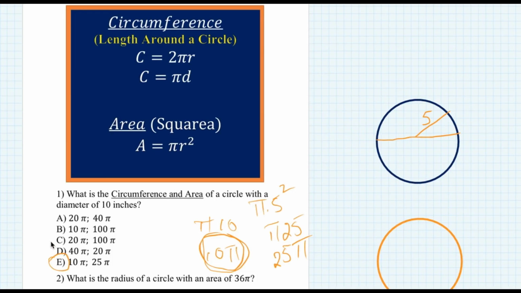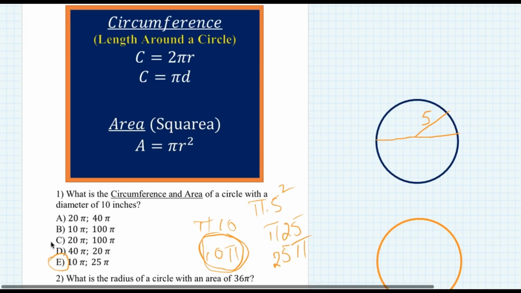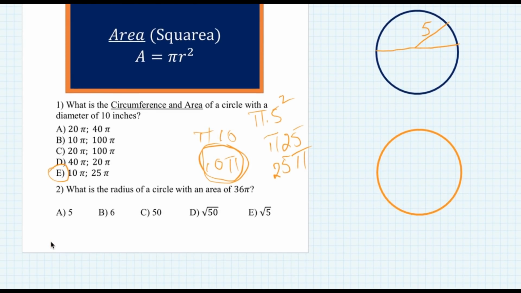Let's go to number 2. What is the radius of a circle with an area of 36 pi? Well, we have to go backwards here using our area formula. Since we know the area is 36 pi, we could just set up the area formula. The area is pi r squared. Remember, square area. So pi r squared is the area, and this whole thing is 36 pi.